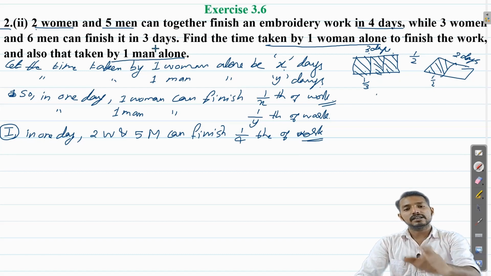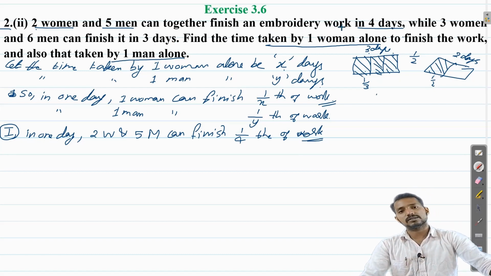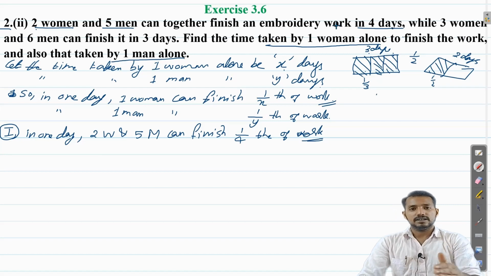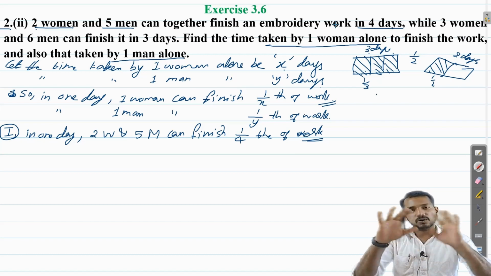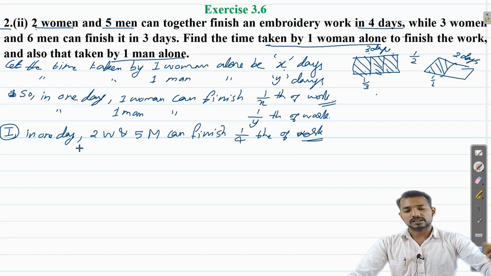In the second day 2 by 4, in the third day 3 by 4, and in the fourth day 4 by 4, which means the whole work will be finished. That is the fraction we are taking.